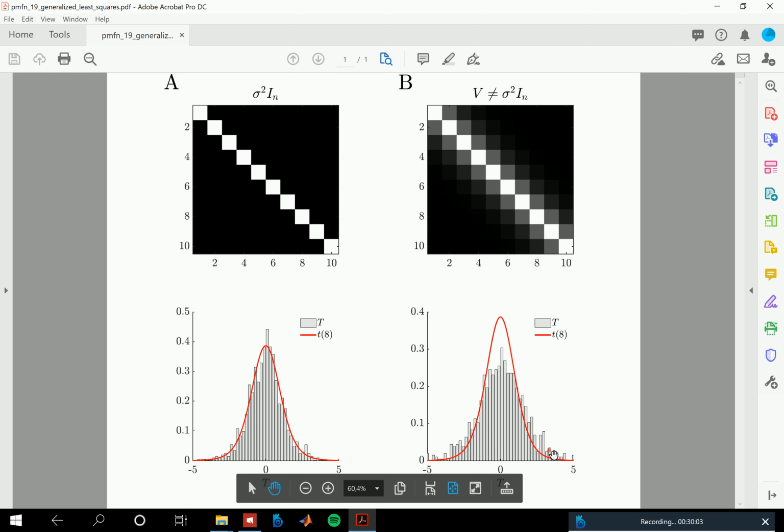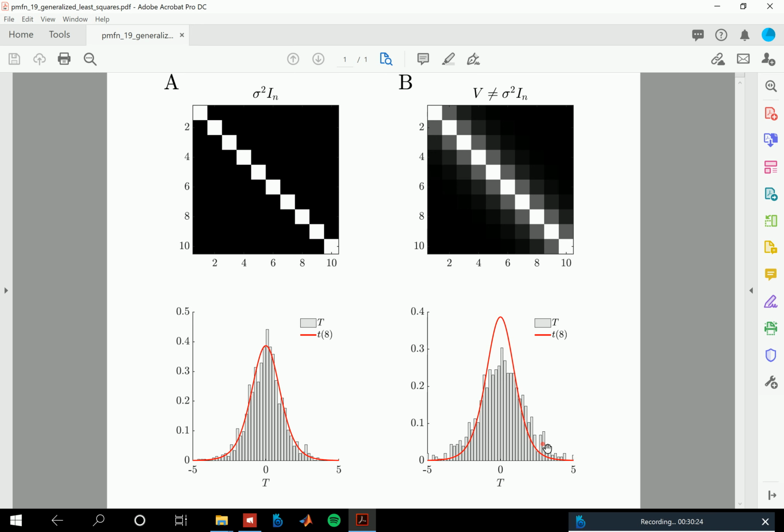Essentially the bottom line is, in the presence of error correlations, because the actual distribution of the t-statistic doesn't follow the theoretical distribution of the t-statistic anymore, you increase your risk for false positives.